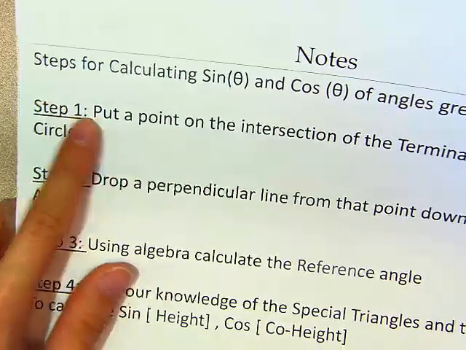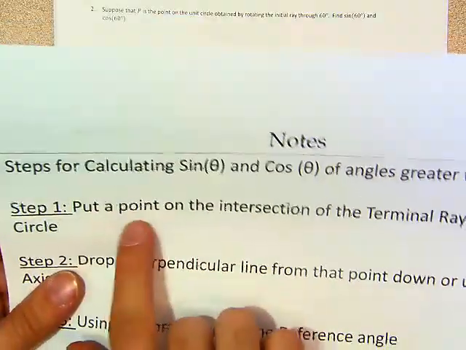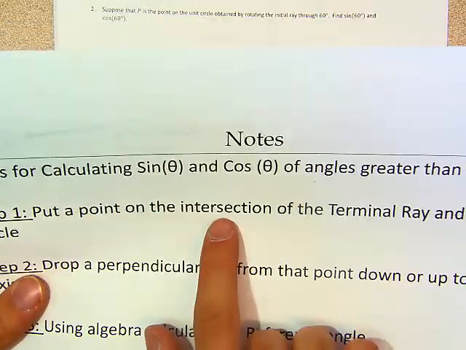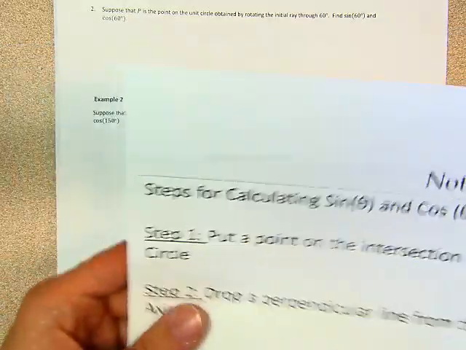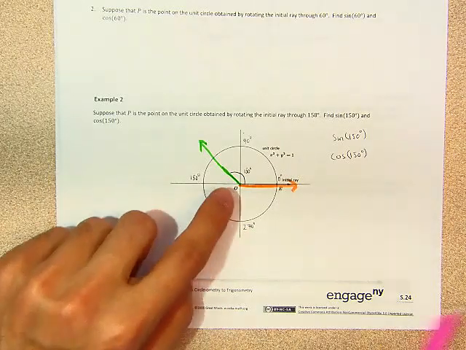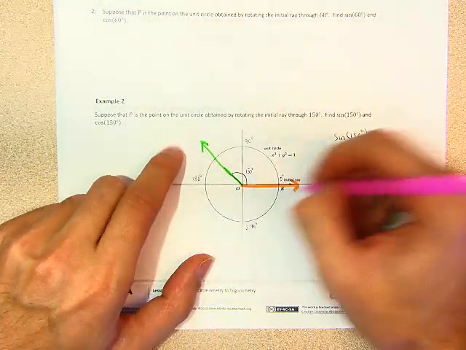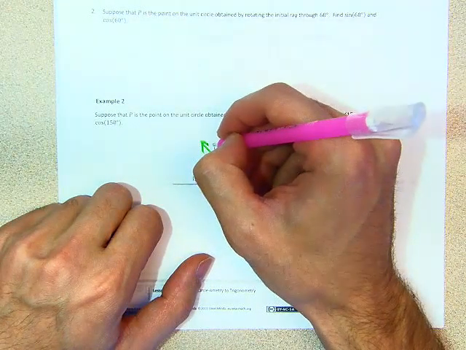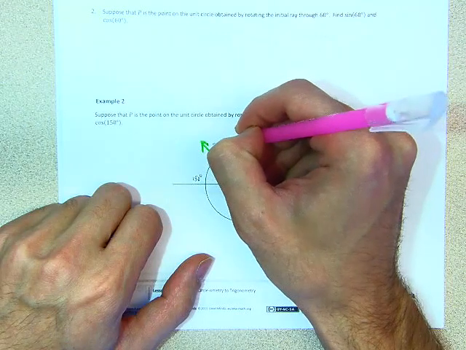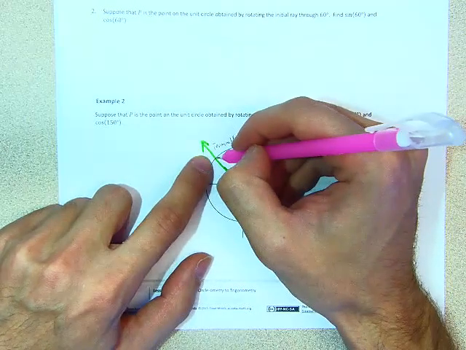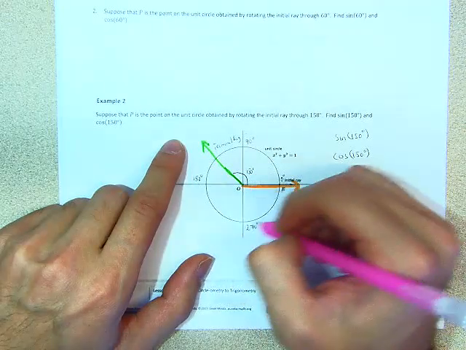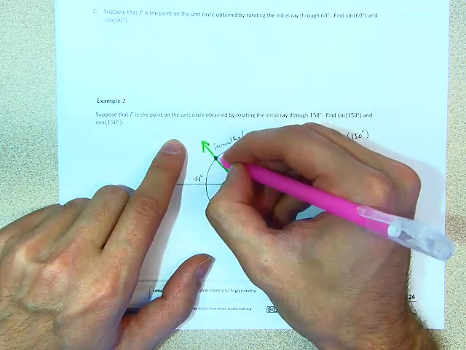Step 1: put a point on the intersection of the terminal ray and the unit circle. This is the initial ray, this is the terminal ray. Put a point on the terminal ray where it intersects the circle, so it'll be right here.